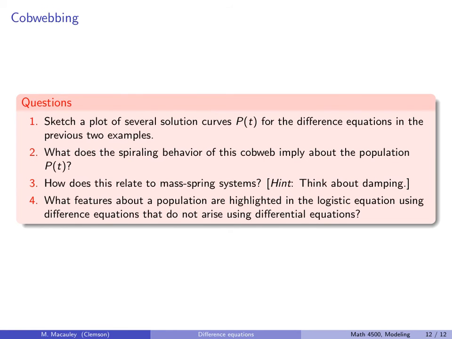Okay, so to summarize, this is the last slide, several questions. Let's sketch a plot of several solution curves for the difference equations in the previous two examples. So what I mean by that is, in the first example, I think we started at 1, and the population increased something like this.